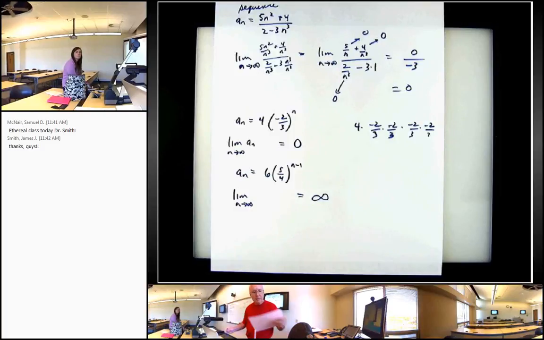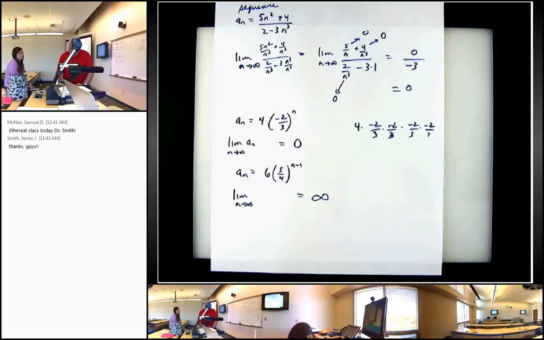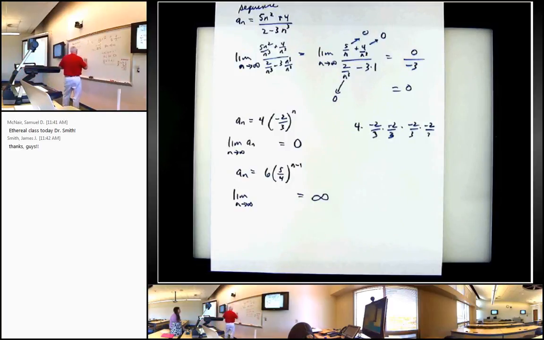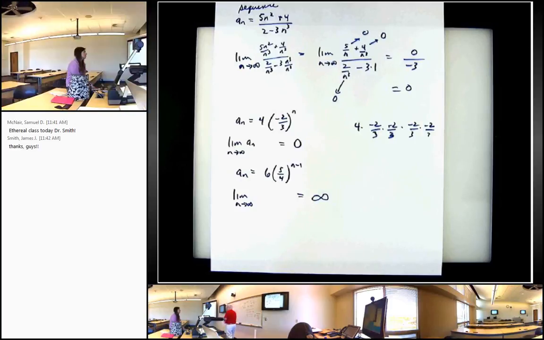So this should be: if you can see at a glance that the limit does not equal 0, then the test for divergence should be used. What you're talking about, Jenna, is this. If we have a series of a_n, can we use the test for divergence on that problem?